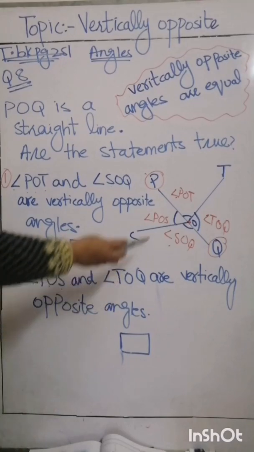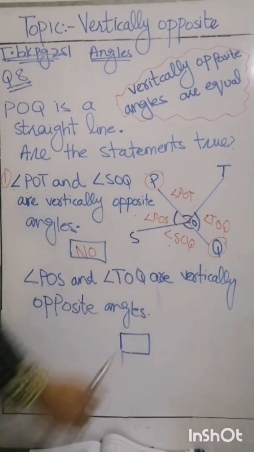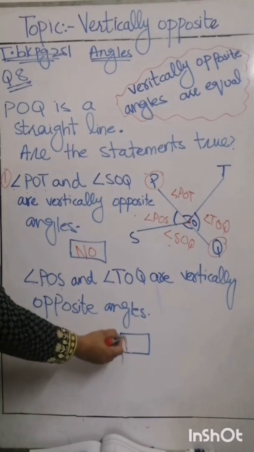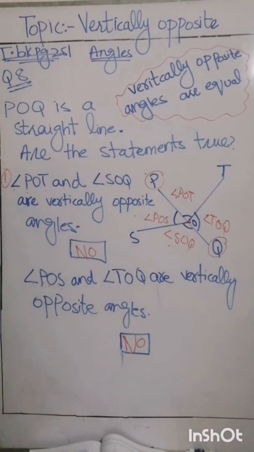So angle POS and angle TOQ are not vertically opposite angles. You just write no here, but you have to know the reason why these angles are not vertically opposite angles.